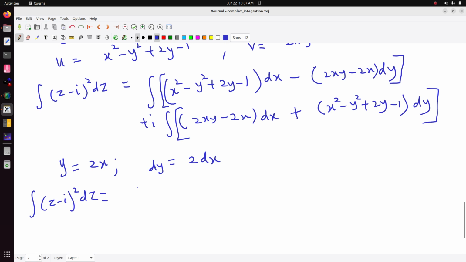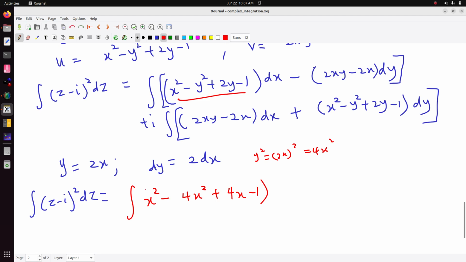So the first one is the integral of x squared minus y squared, which is 4x squared, so minus 4x squared, then plus 2y, that is 2 times 2x, which is 4x, then minus 1. The limit of integration is from 0 to 1, dx.